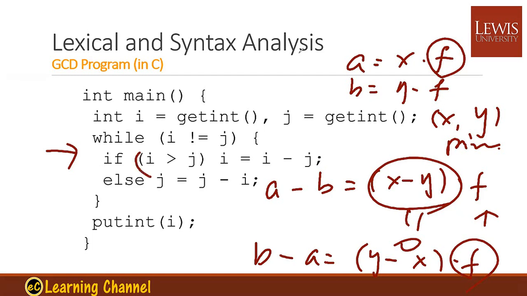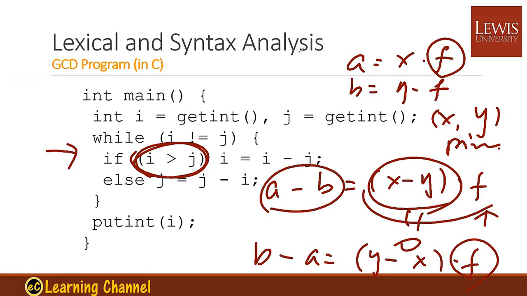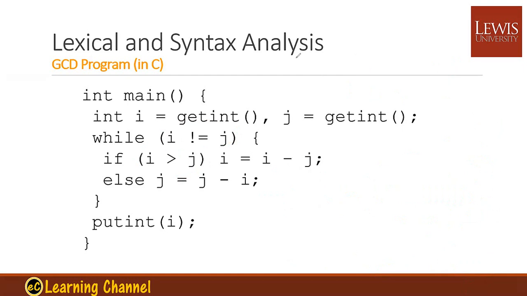So we check for the bigger one, and then the big one minus the smaller one, you get still a multiple of f. We keep doing that until the two are the same. When the two are the same, that is f. Is that okay? Yes. This guy is called successive deduction.